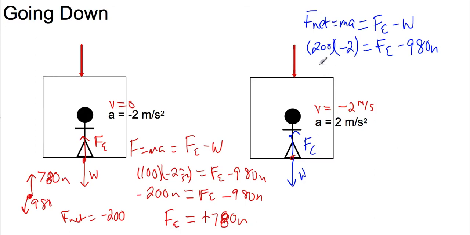Sorry, this is 100. A little bit of struggle all of a sudden. This is going to be negative 200 newtons is equal to Fe minus 980. Okay. So I'm going to add these to both sides.